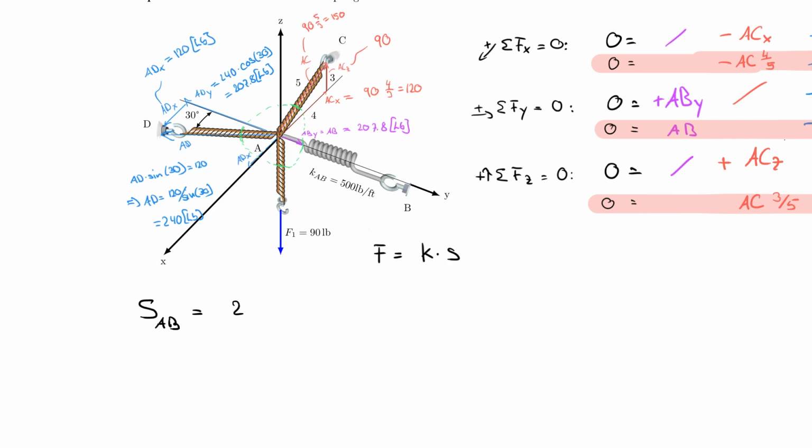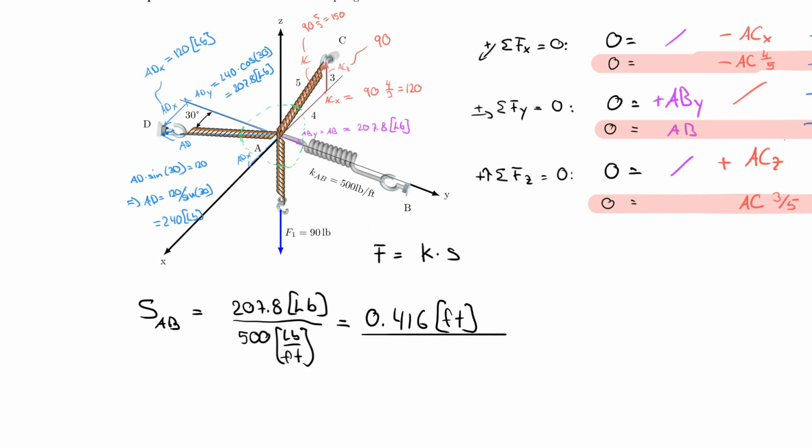It is 207.8 pounds divided by 500 pounds per foot. And so our answer to that is 0.4157 or 0.416 feet. And that is the result, so we double underline it.